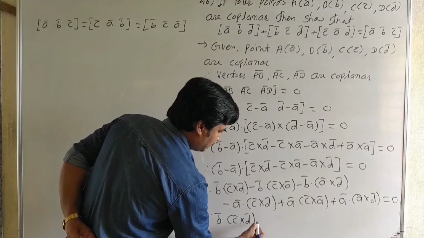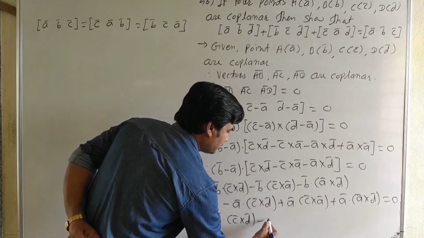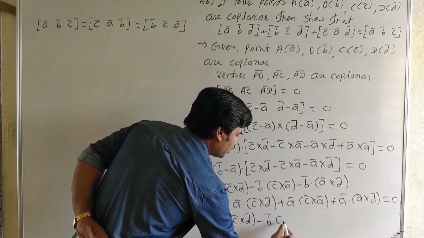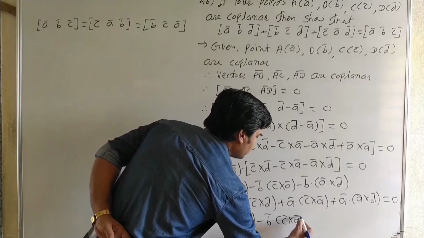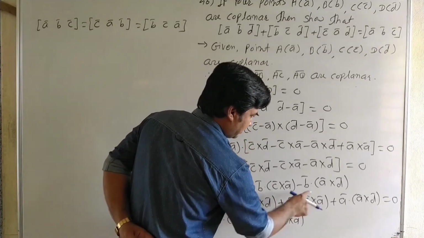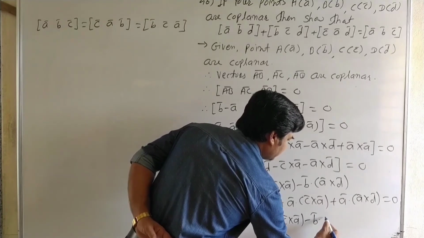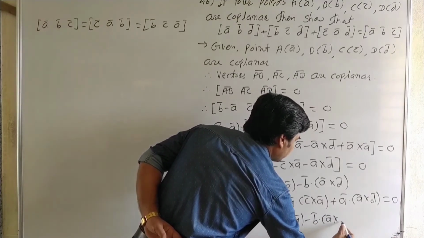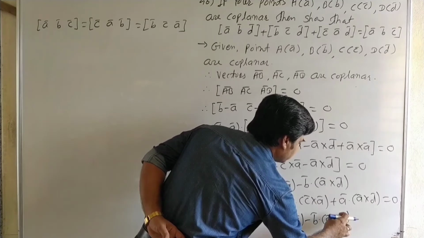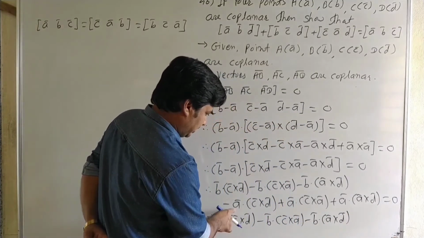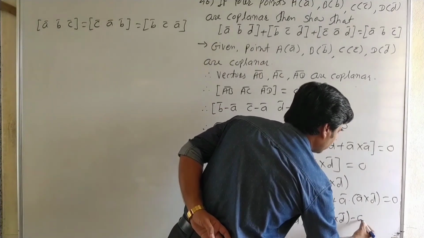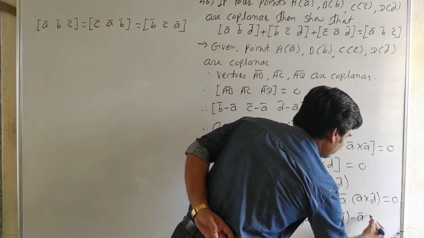Then minus B bar dot C bar cross A bar. Again minus B bar dot A bar cross D bar. And then minus A bar dot C bar cross D bar.